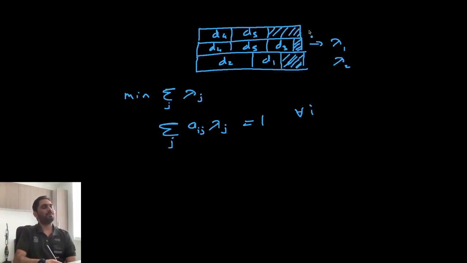So I don't want to consider this type of pattern, because it is not a maximal pattern. If I can add d3 to it, the new pattern is strictly better than this pattern, and this one is obviously a subset of it. I only want to consider maximal patterns in which no more items can be added.